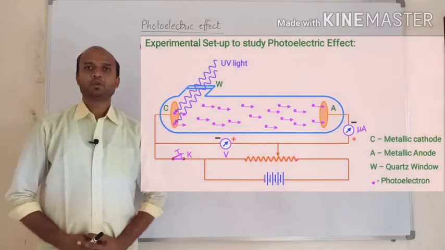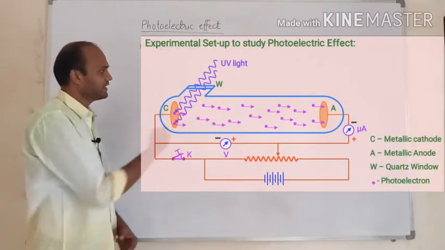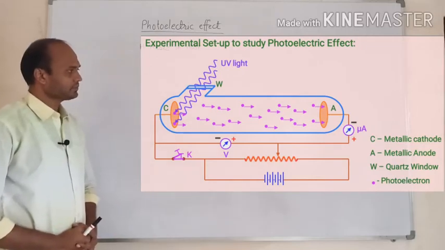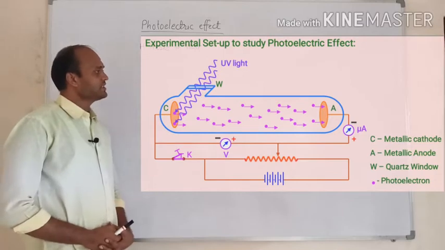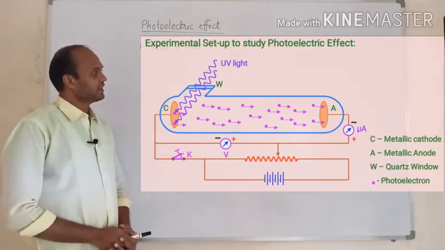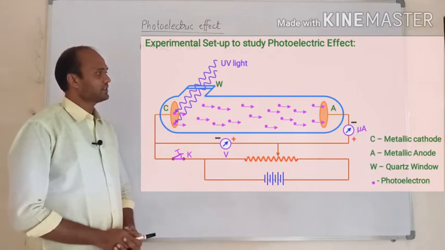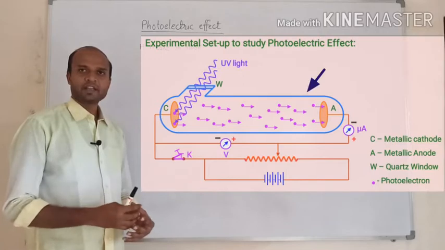The experimental arrangement of the photoelectric effect is as shown in the figure. Here you can see this figure. This experimental arrangement consists of an evacuated glass tube. So what about the air or gas present in it?